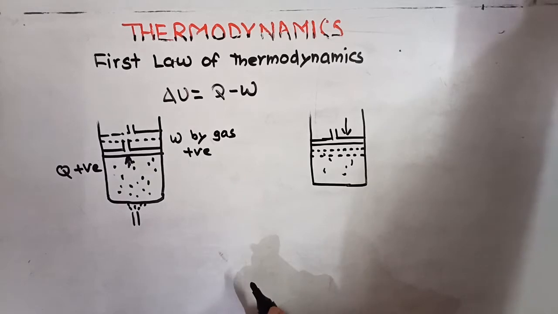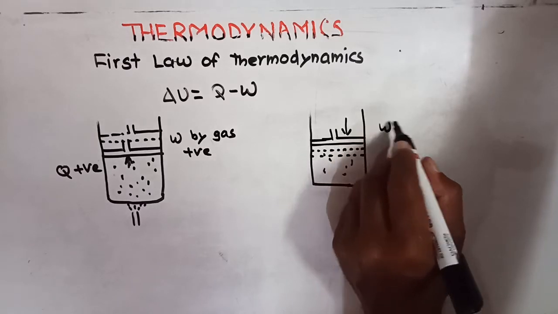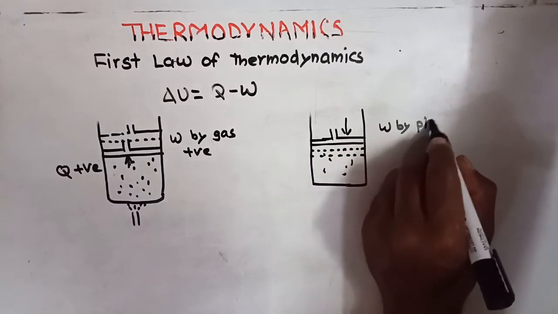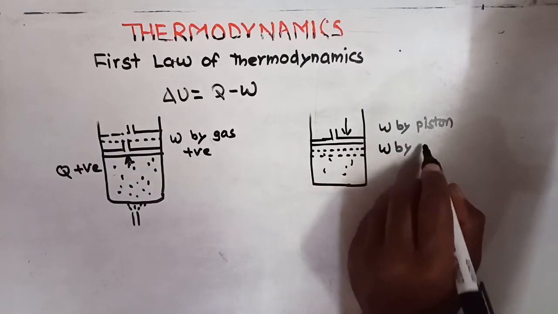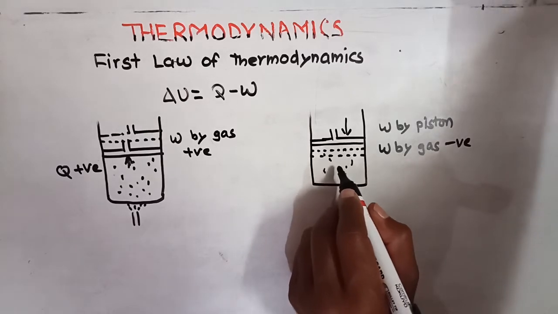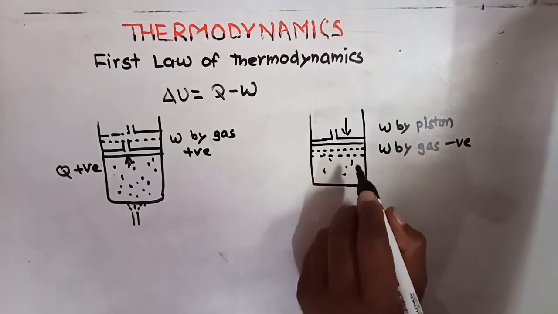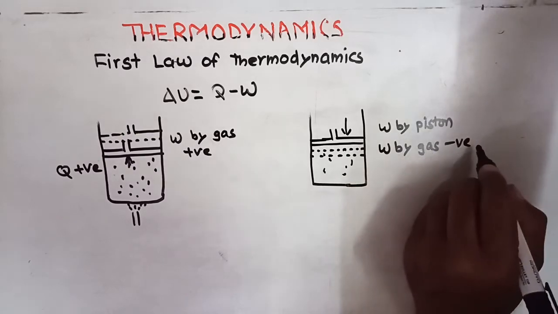So the work is done by the piston on the gas. In this case, the work is done by the piston, so the work done by gas is negative. In this case, the work is not done by the gas, but work is done on the gas. So the work done by gas is negative.